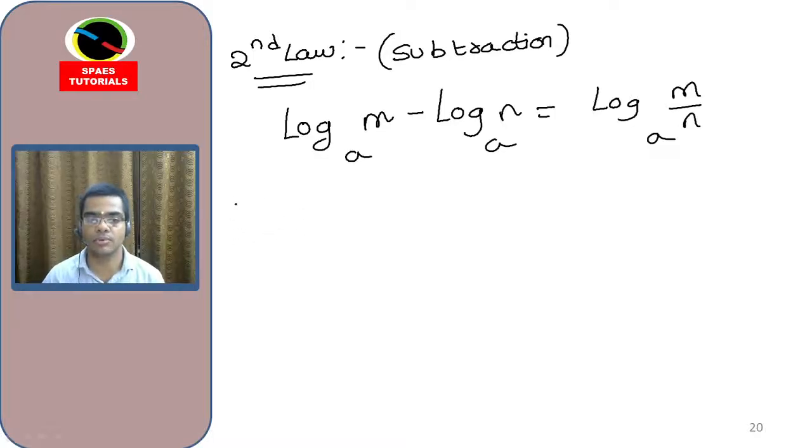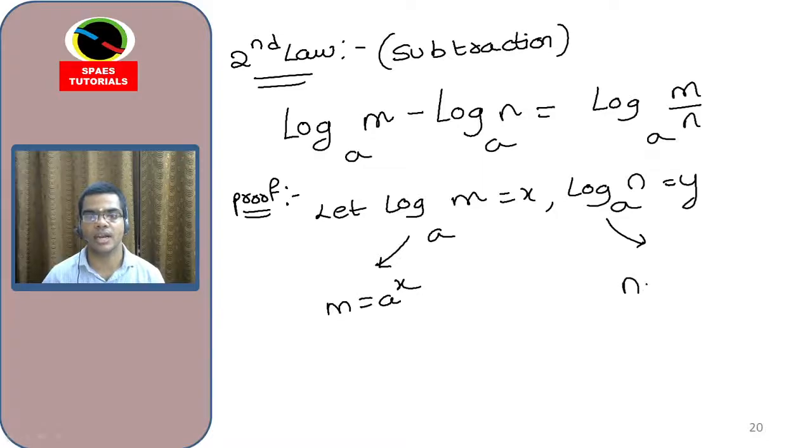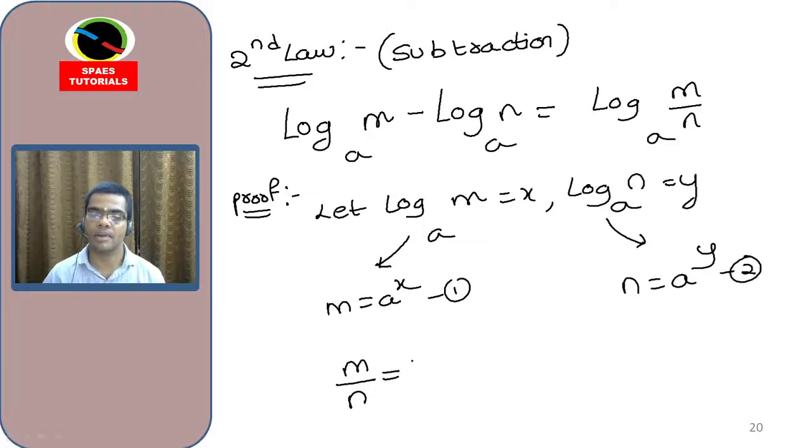Now let us see the proof for this. Simple proof, just as before. Let log m to the base a is equal to x, log n to the base a is equal to y. From this equation we get m is equal to a power x, and from this equation we get n is equal to a power y. Now for m by n, if we do equation 1 divided by equation 2, we get m by n is equal to a power x by a power y.